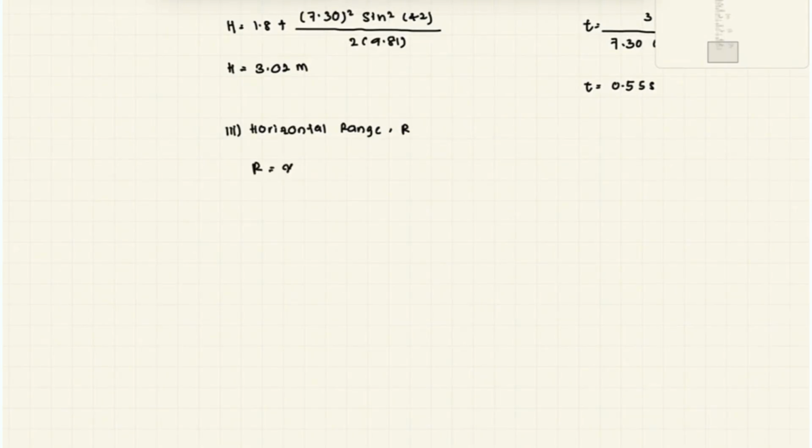And again, the final answer is R equals 3, not R equals 1.